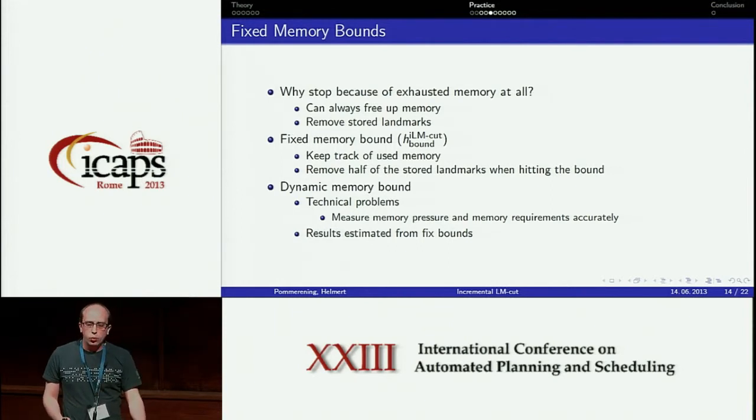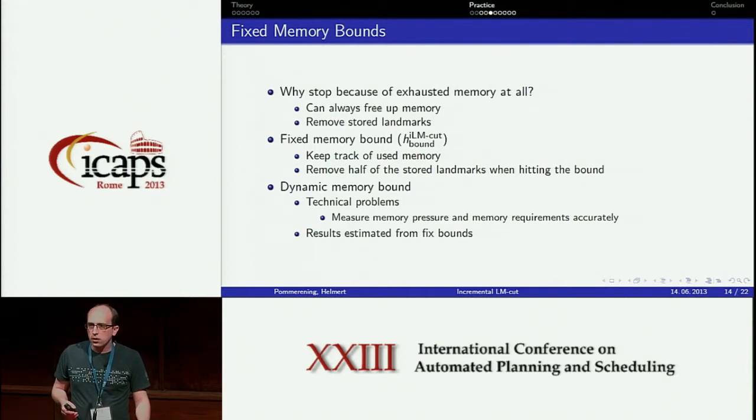So one thing that we tried was to use a fixed memory bound, just keeping track of how much memory we already used, and removing half of the stored landmarks whenever we hit this bound. An even better approach would be to make this bound dynamic instead of fixed, so just using all of the available memory for storing landmarks.